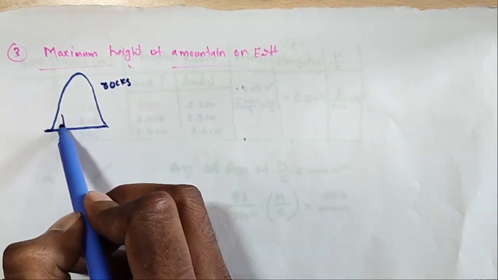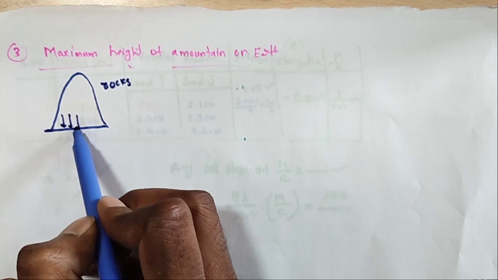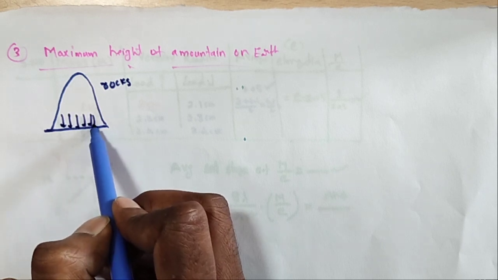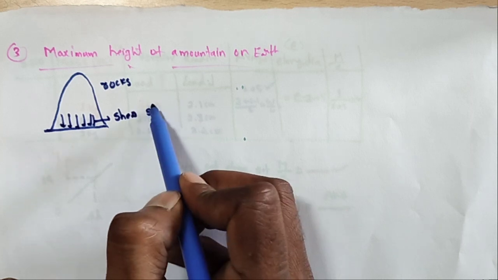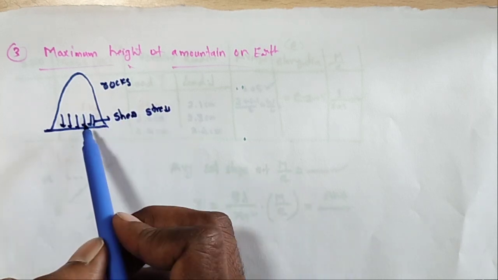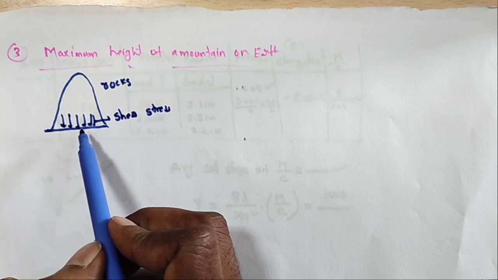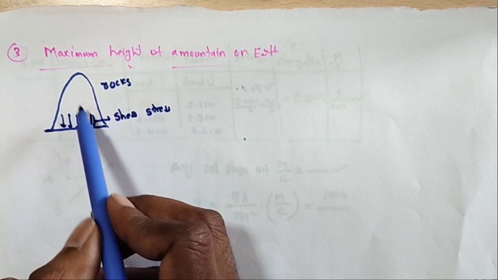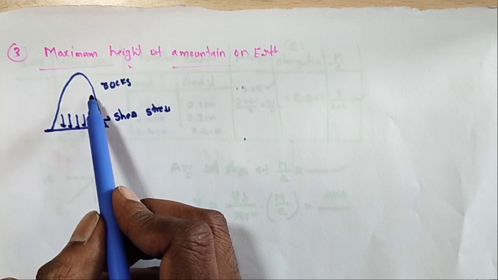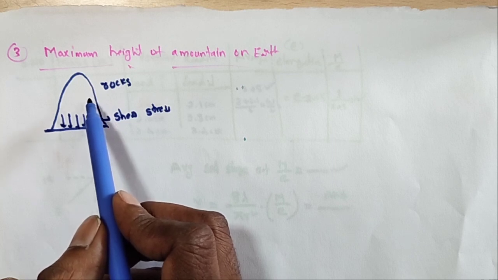What happens there? A force is acting, that is, a stress is acting. This is a shear stress. The shear stress is always acting at the bottom. So this stress is very large. What happens? These rocks collapse.